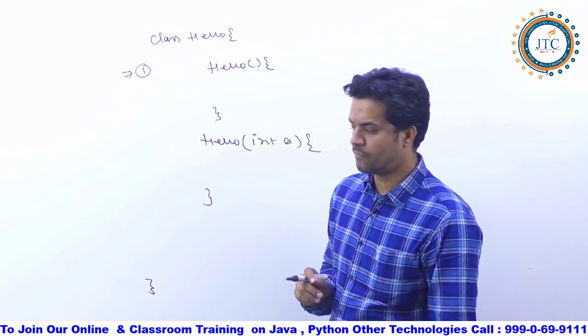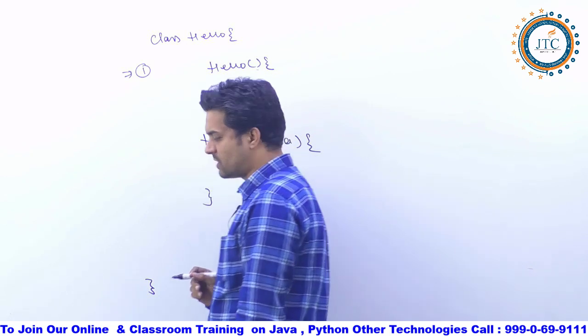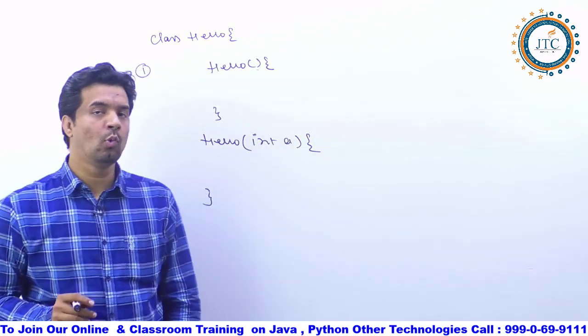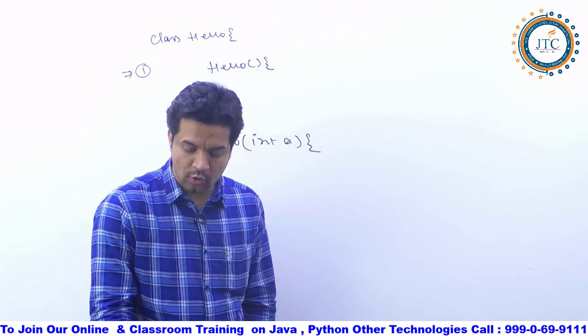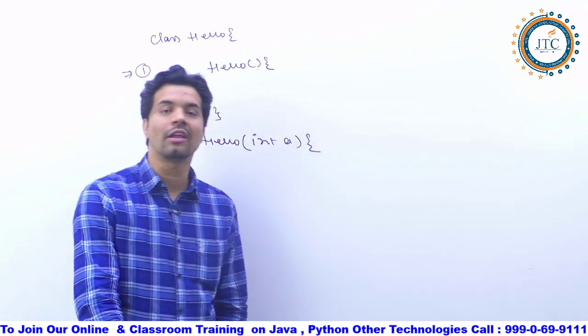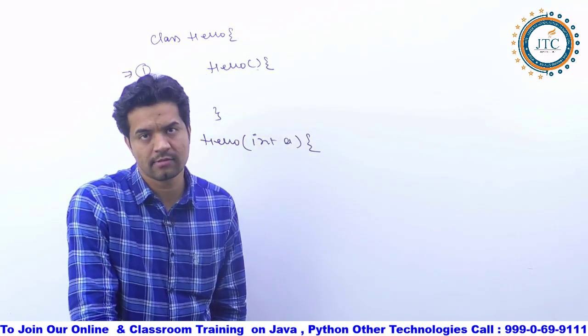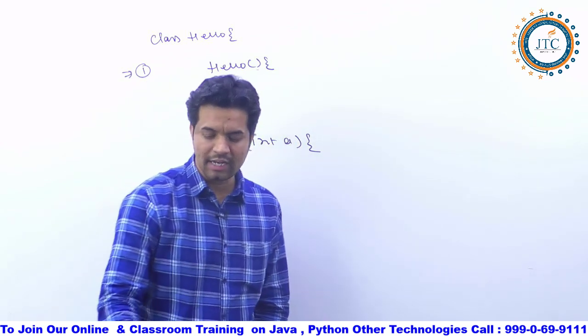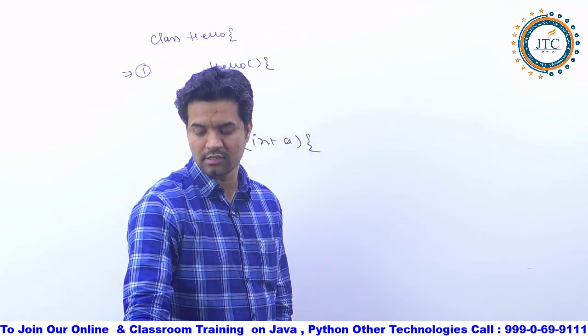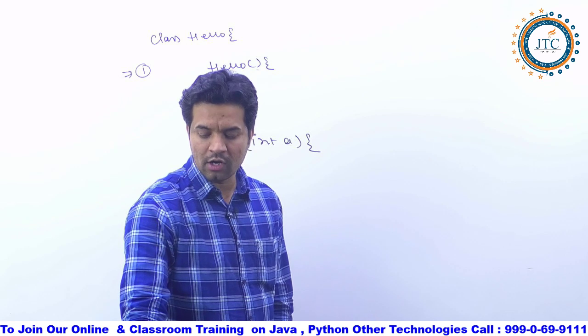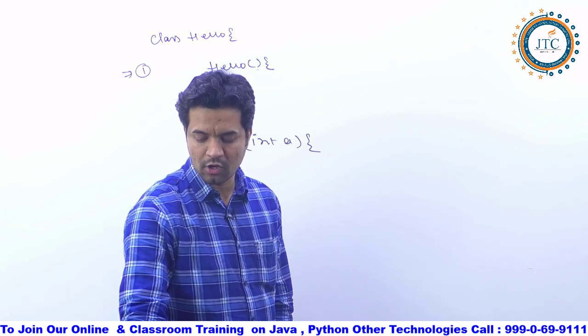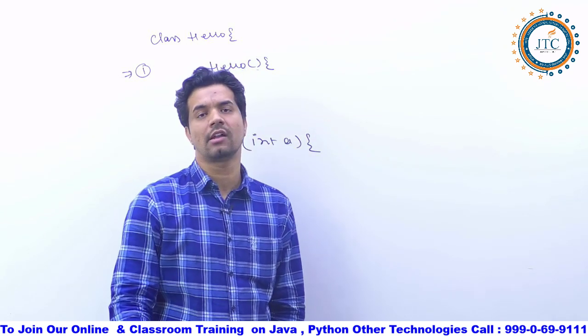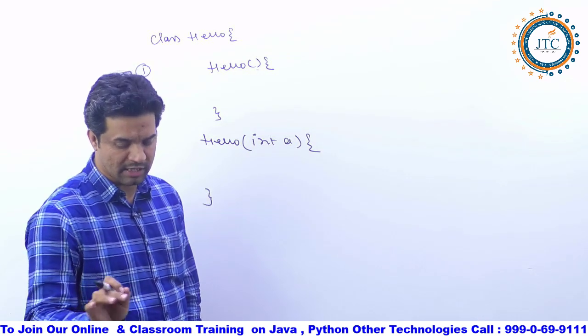First of all, constructors are processed automatically whenever you create any object of a class. If you are not creating any object of a class, then constructors are not going to be processed. Remember that point.